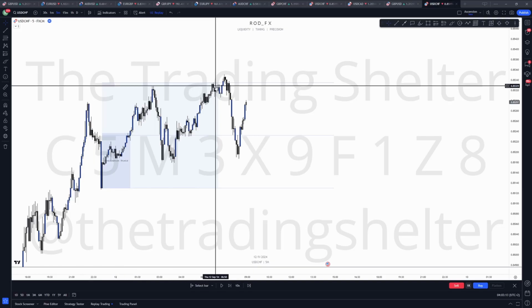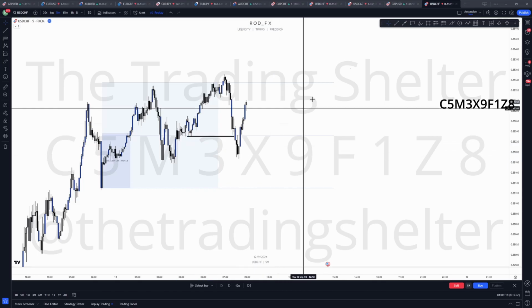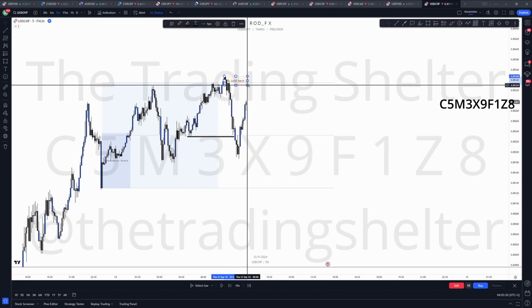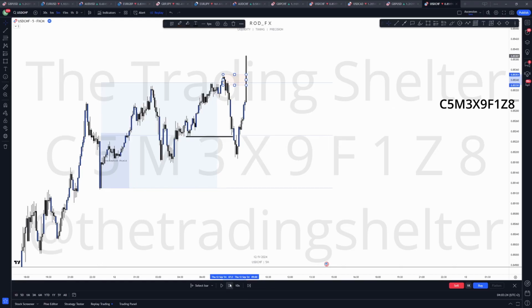There's equal lows, equal highs, an inducement. You mark this as a relevant break of structure, and then you try to short from here. How many of you made this mistake? Then you get stopped out.